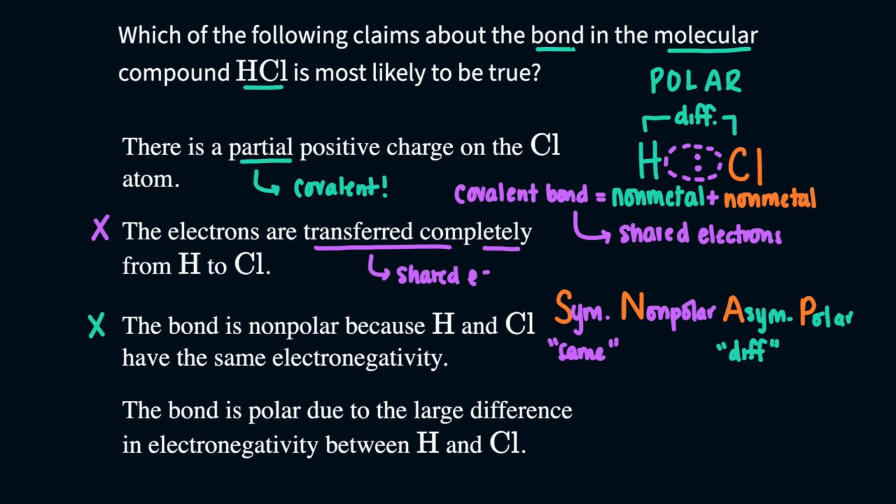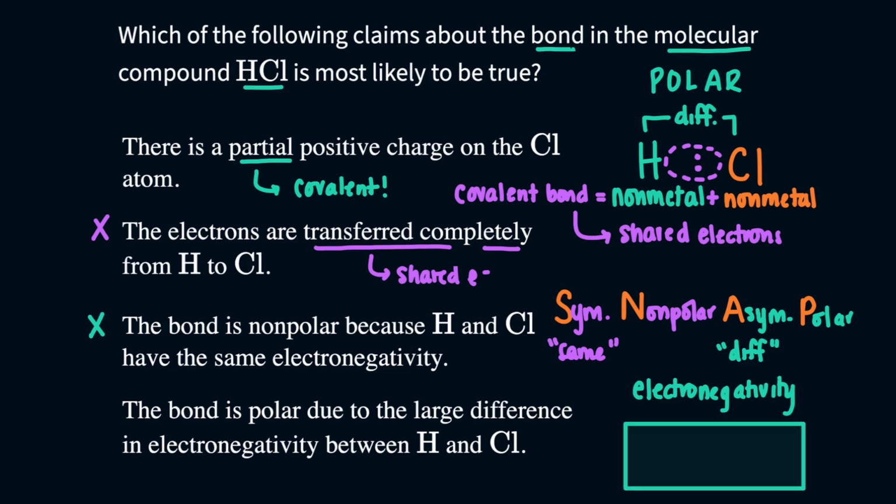Now this comes from the electronegativity trend. So here's my electronegativity. Whenever you're dealing with polarity, being nonpolar or polar, we go look at our electronegativity trend on our periodic table. I'm representing the periodic table as just a square here, but just know that as we go from left to right, you are greatly increasing your electronegativity.